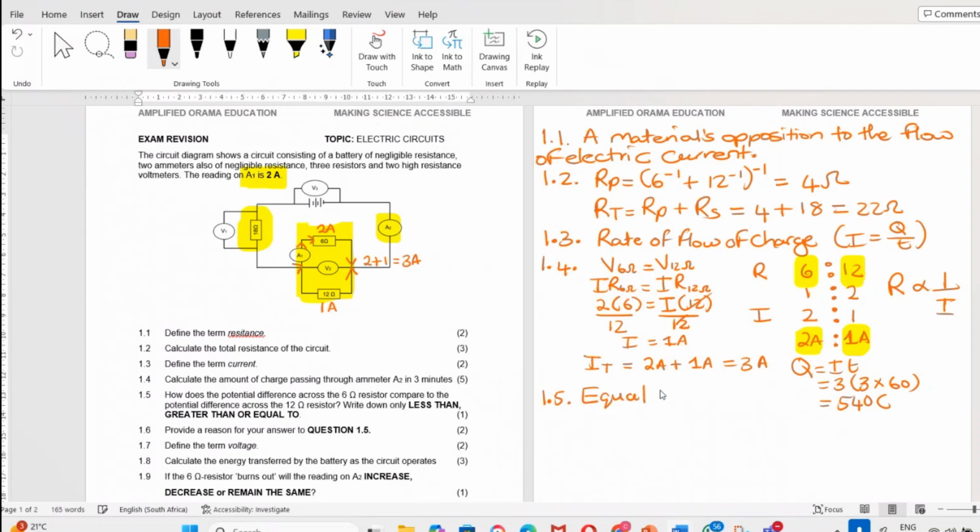We have already said that in parallel circuits, the potential difference is the same. They do not share voltage. They only share the total current, but the voltage is constant in a parallel circuit.